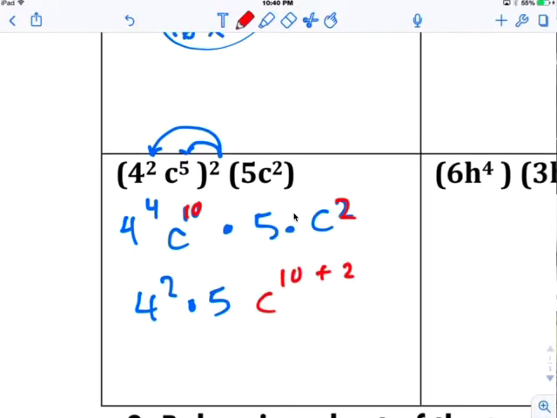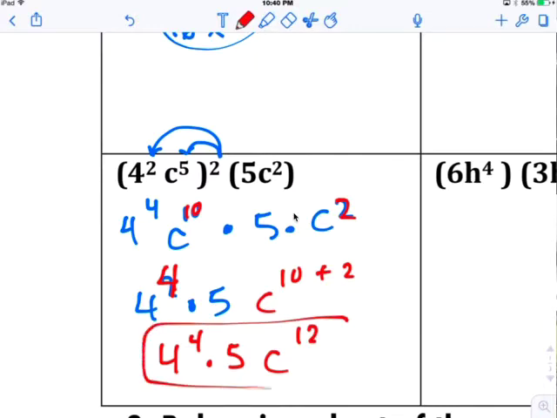When you multiply, you add exponents. Multiply with powers, product of a power. So that gives you 4, no, that's 4 to the 4th, sorry. Don't know why I put the 2 there. 4 to the 4th times 5, c to the 12th. And that's your answer.